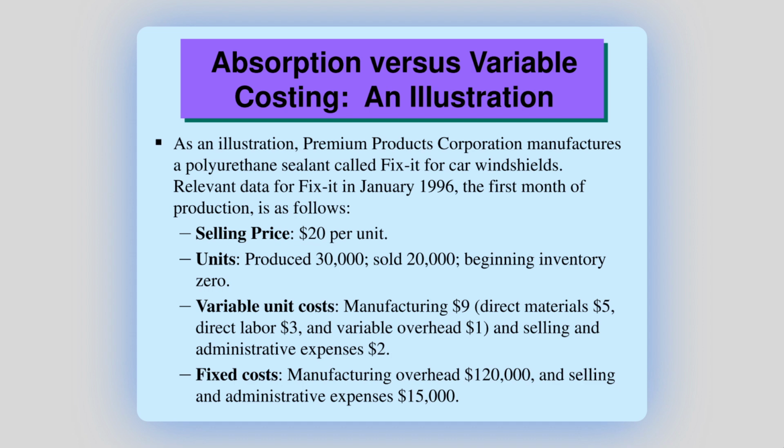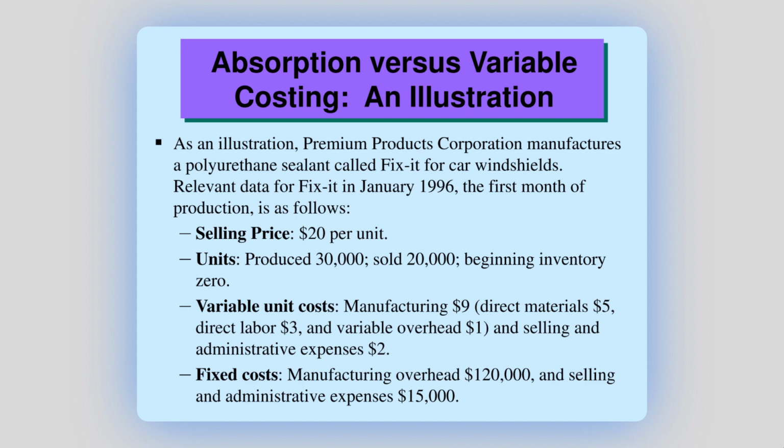Your selling price is 20 pesos, or $20, per unit. You produced 30,000 units and sold 20,000, meaning your ending inventory would be 10,000. There is no beginning inventory.